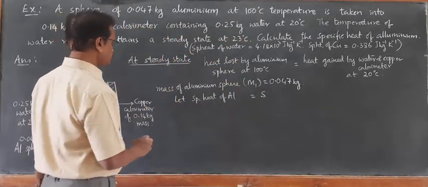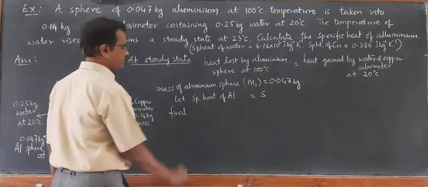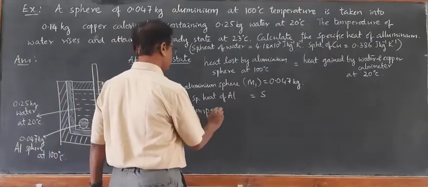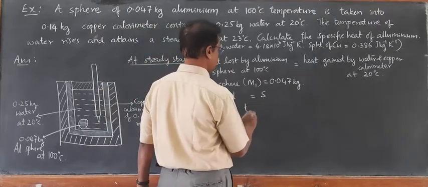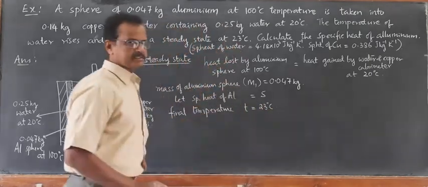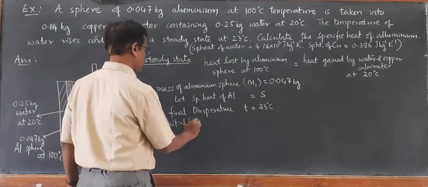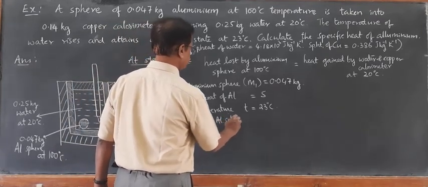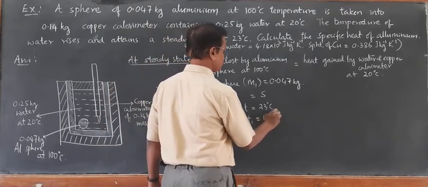Then the change of heat. To calculate it, we should know the final temperature. Let us say the final temperature is T, T equal to 23 degrees Celsius. This is given here. The initial temperature of the aluminium sphere is T1, 100 degrees Celsius.